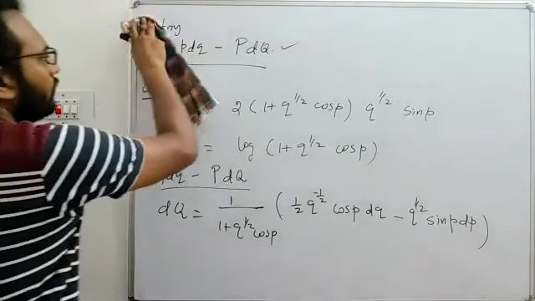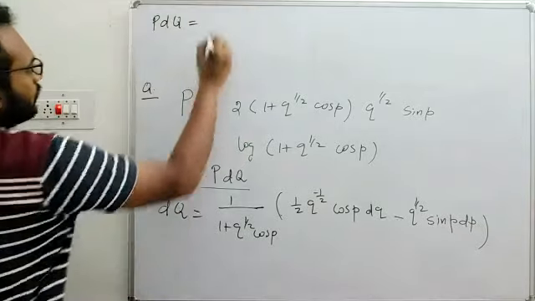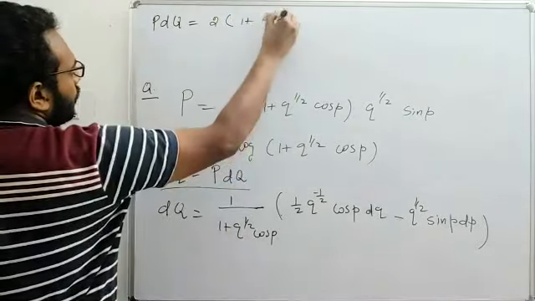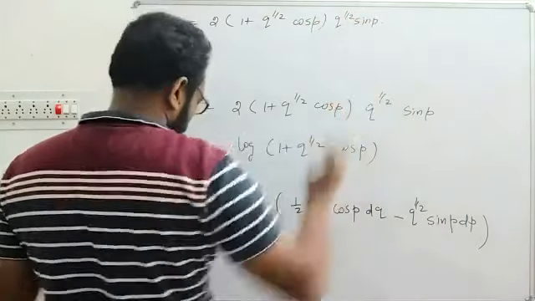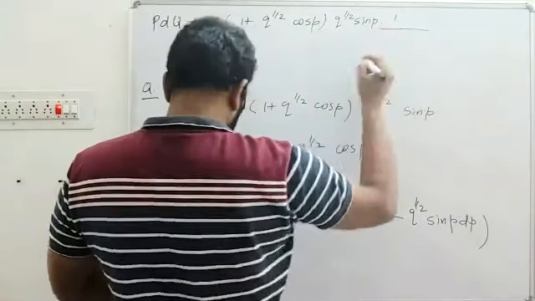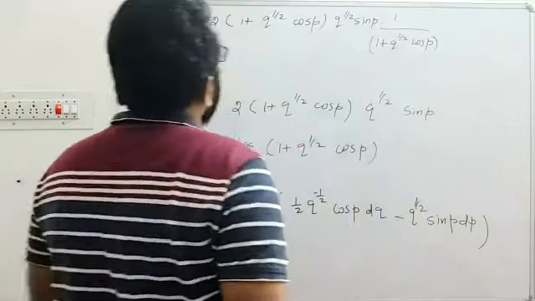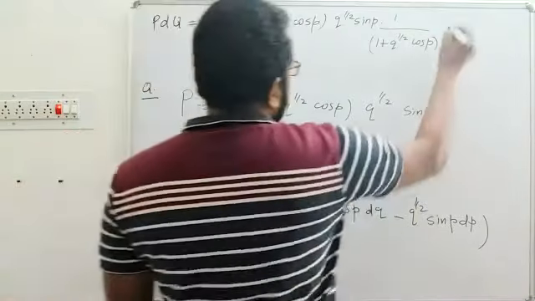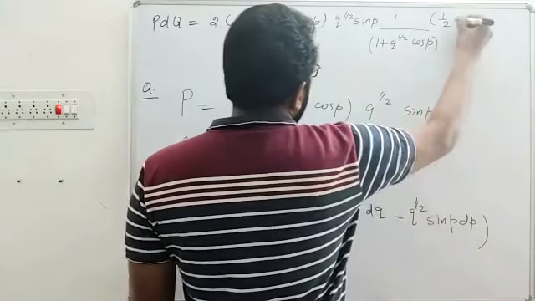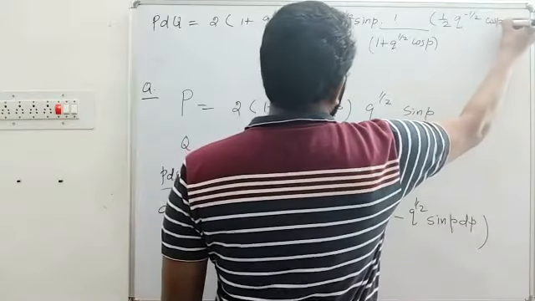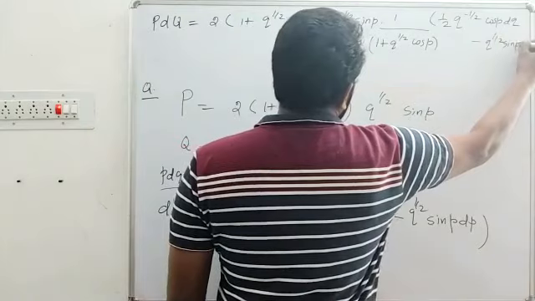Let's also find P dq. P dq is equal to 2 times (1 plus Q raised to half cos P) times Q raised to half sin P, multiplied by dQ, that is 1 divided by 1 plus Q raised to half cos P, multiplied by half Q raised to minus half cos P dq minus Q raised to half sin P dp.